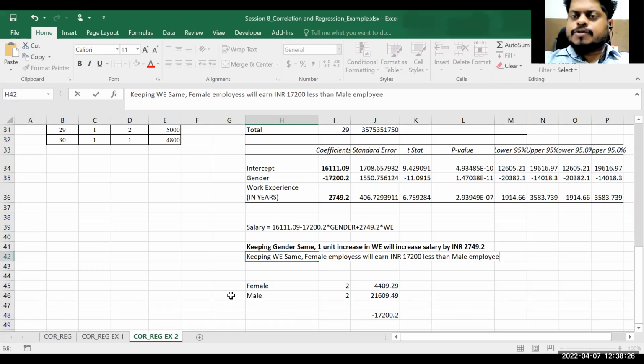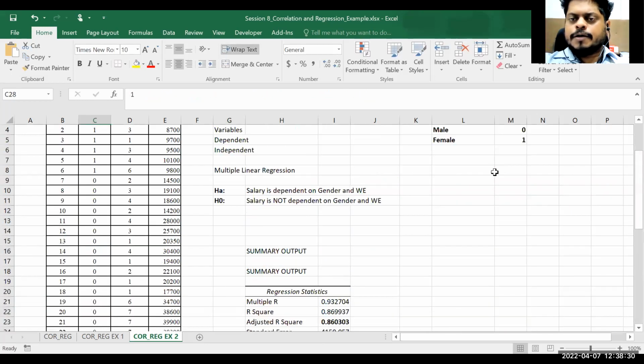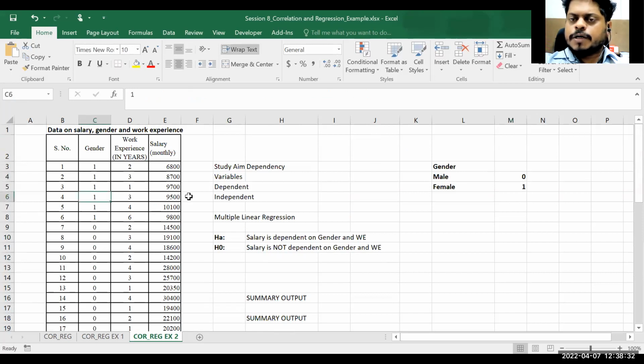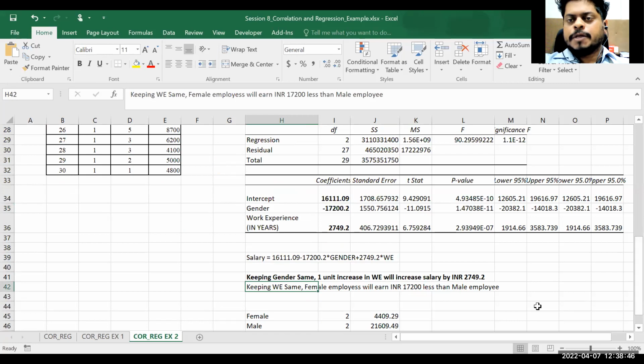You'll say, sir, what happens if I take male as 1 and female as 0, if I just change this? Your equation will become plus 17,200, right? So what will we say? Keeping work experience the same, male employees will earn 17,200 more than female employees. The result will remain the same.